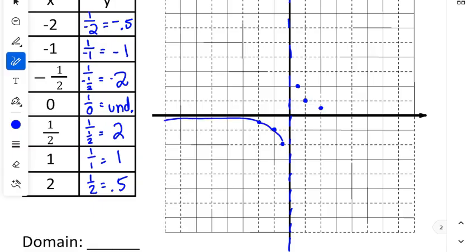This one's funky. It's going to go like this. So this is what, the rational function? It's like that. And then the other one does the opposite way. This one actually has 2 asymptotes. Or just, yeah, both axes are asymptotes.